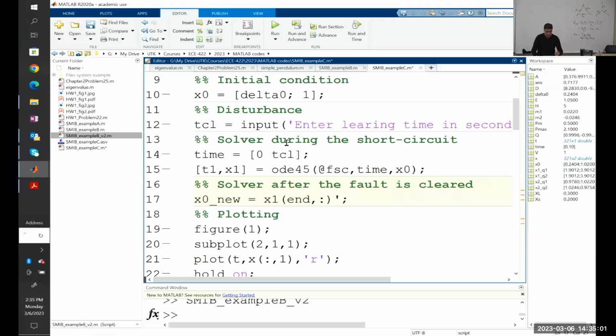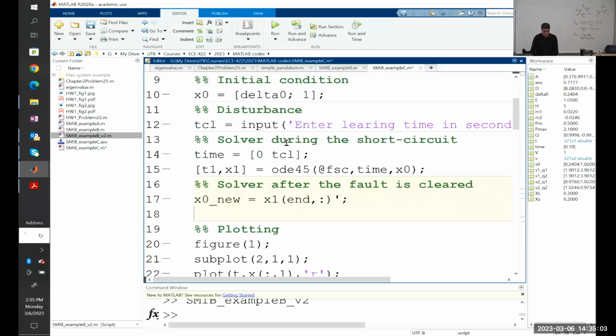The state variables need to start from that point. And then the time will be different now because we're simulating this from the clearing time to some final time. How much did we use last time? 10 seconds. Let's put 10 seconds there.